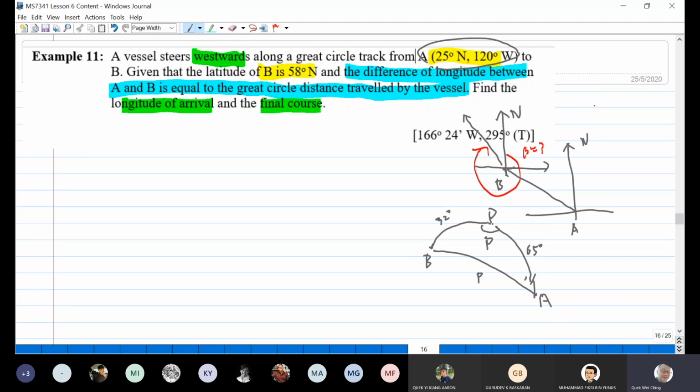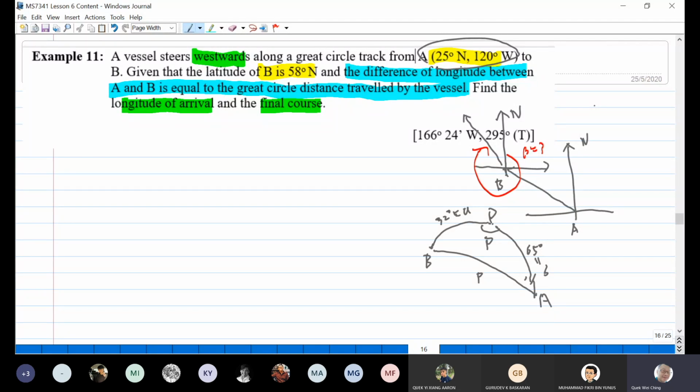Okay, so I can use the law of cosine to find out this. I can use cosine P there. So this is side A, opposite A. This is side B, opposite B now. I don't know the angle P, but anyway, I'm going to find it.